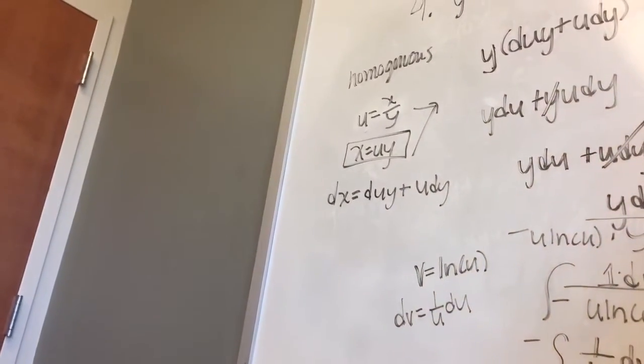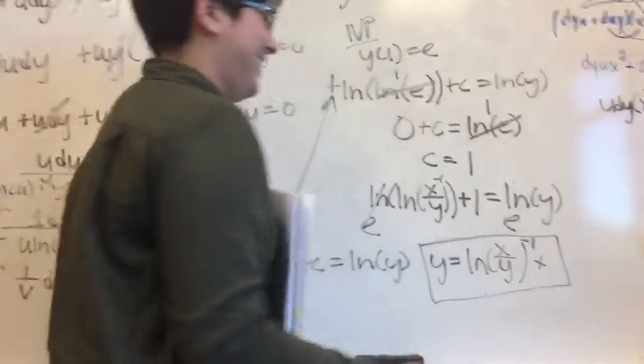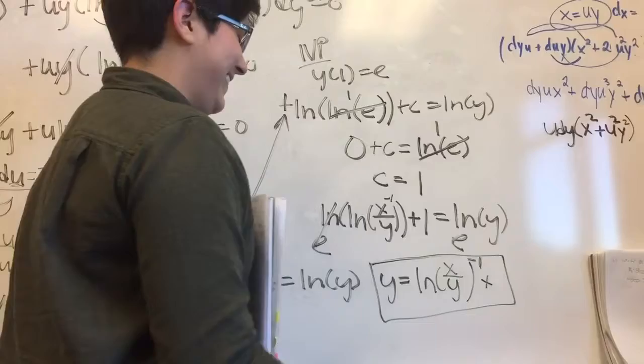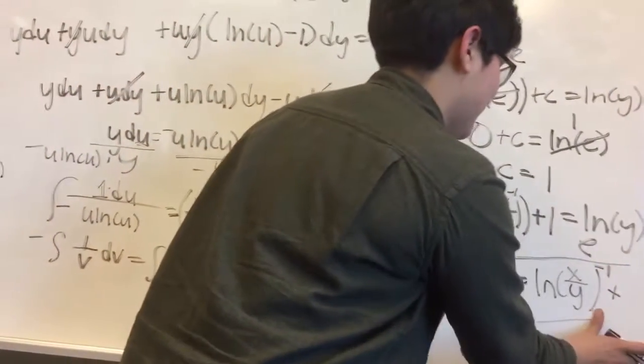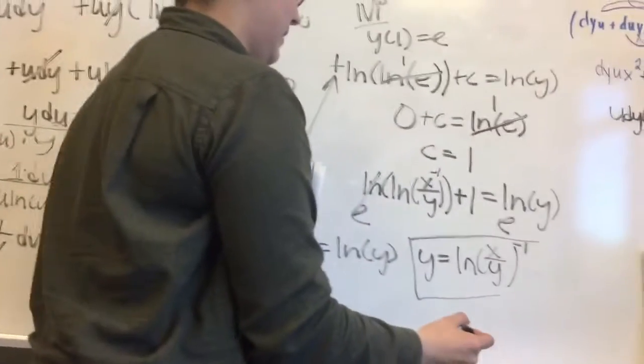I see. Also, the negative 1 power goes outside the parentheses of the natural log, not inside. Cool. Okay, so negative 1. We can edit this, so it's continuous. And it becomes times e, right?